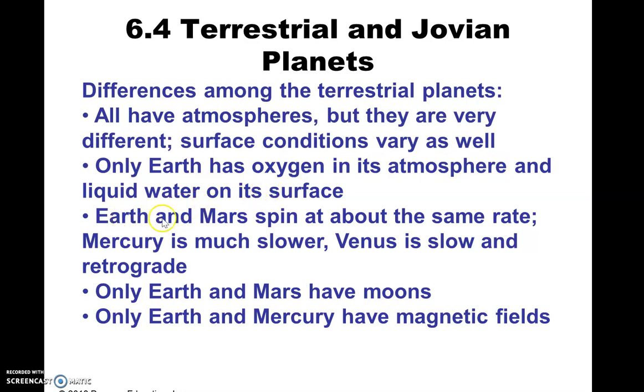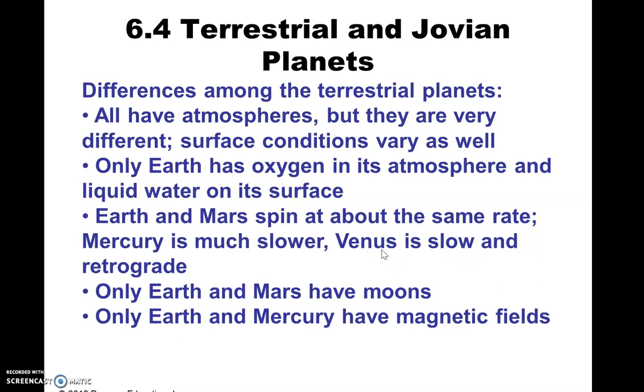So Earth and Mars actually spin almost at the same rate. That is, they take around 24 hours to go around their axes once. Mercury rotates much slower, and Venus rotates much slower, and Venus is kind of strange. It's actually what we call a retrograde rotation.